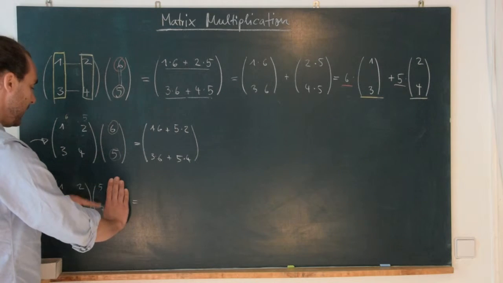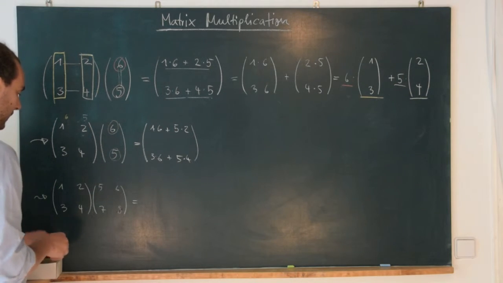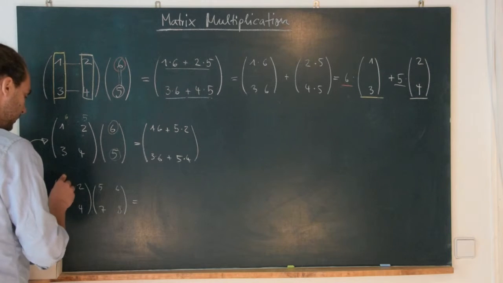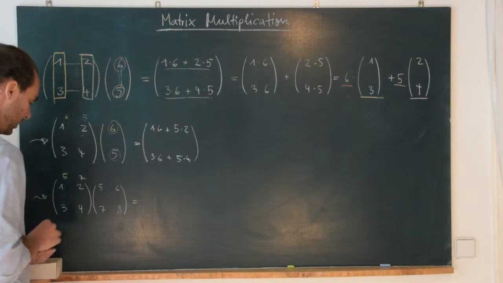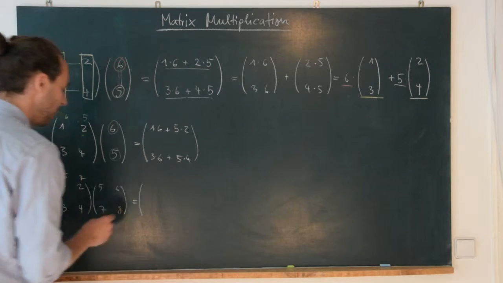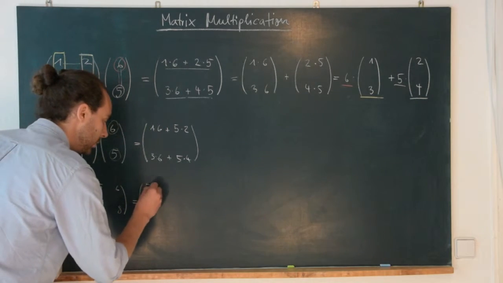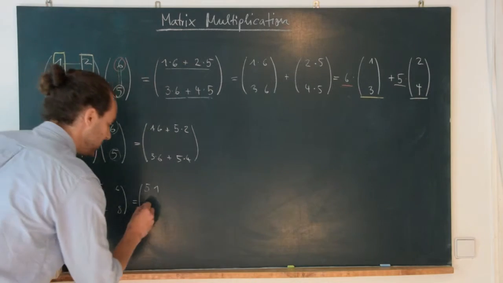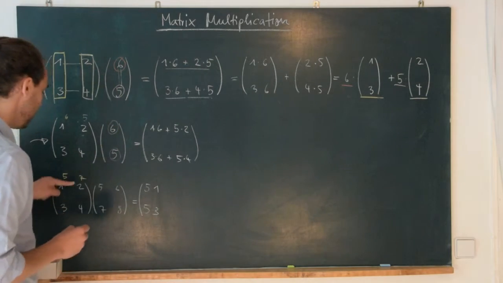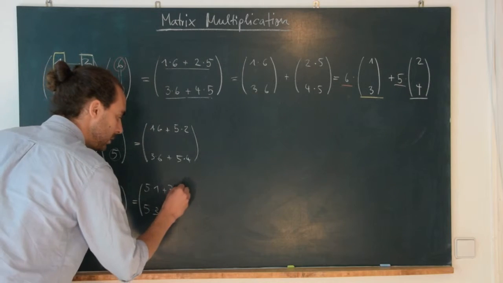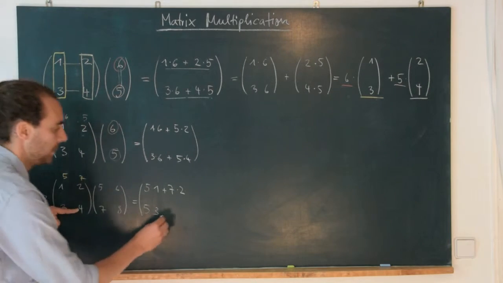So we take the 5 and the 7 and write them here. Then we get the first column of our new matrix: 5 times 1, 5 times 3, plus 7 times 2, and 7 times 4.